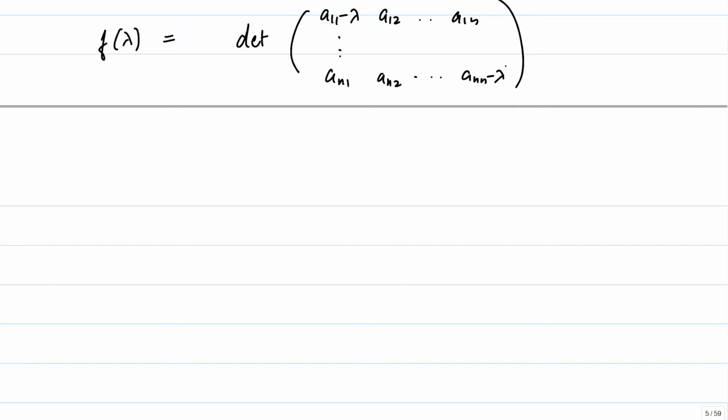The next proposition tells us that for the determinant of such a matrix, we will be able to say something about the degree as well. So, let me write down the proposition and then tell you the conclusion.